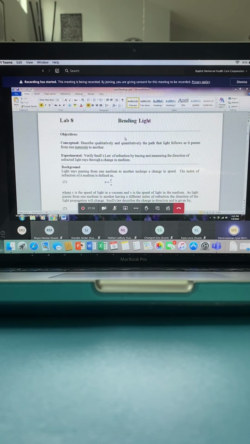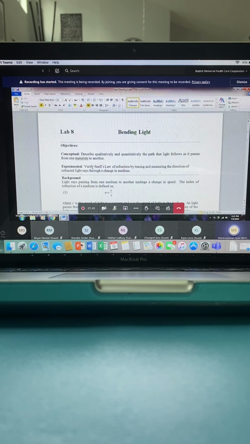Now, for the experimental part, we need to follow something called Snell's law, as I mentioned during the lecture.